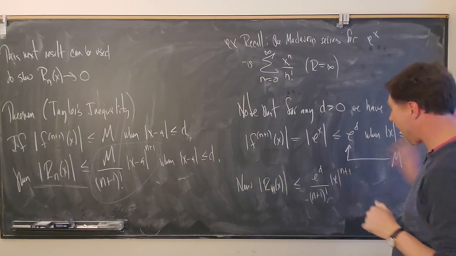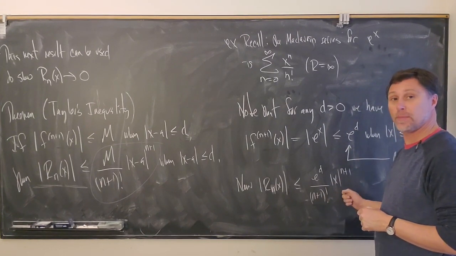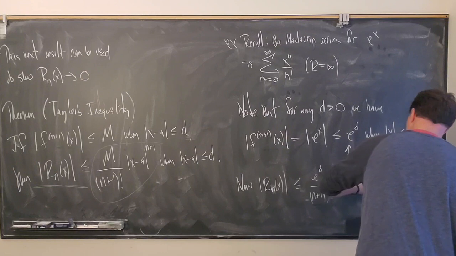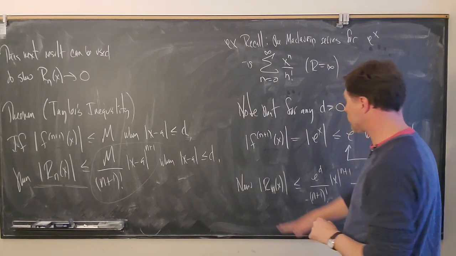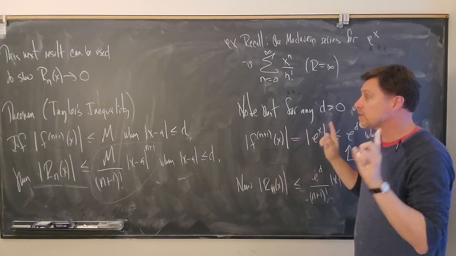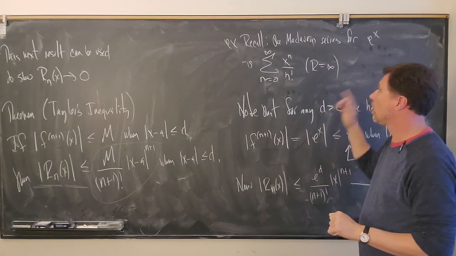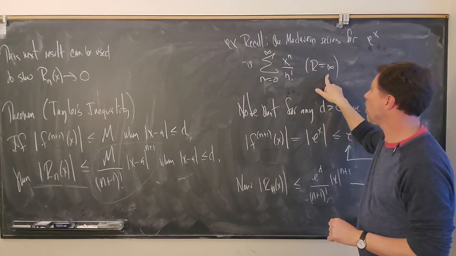And as n goes to infinity, remember that factorial beats exponential. So this right here approaches 0, which means that the nth remainder approaches 0, which then allows us to conclude that e to the x is equal to its Maclaurin series for all choices of x.